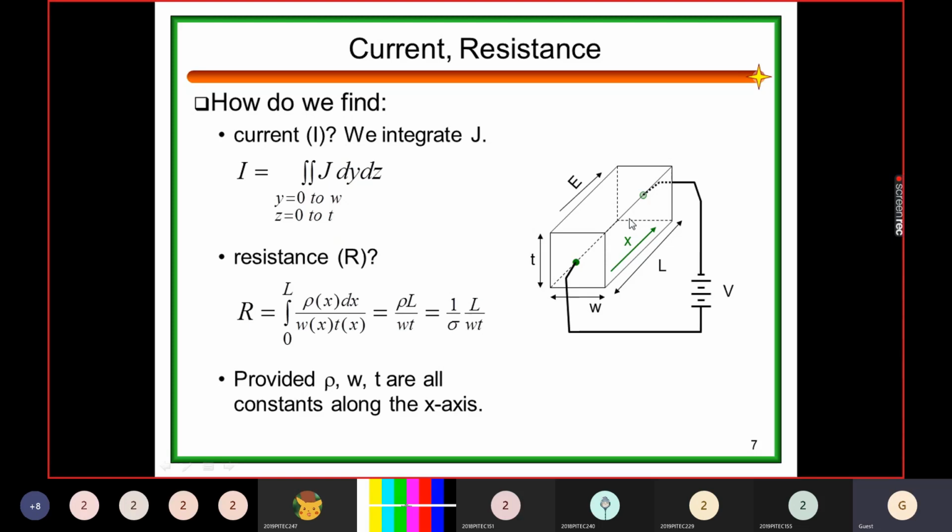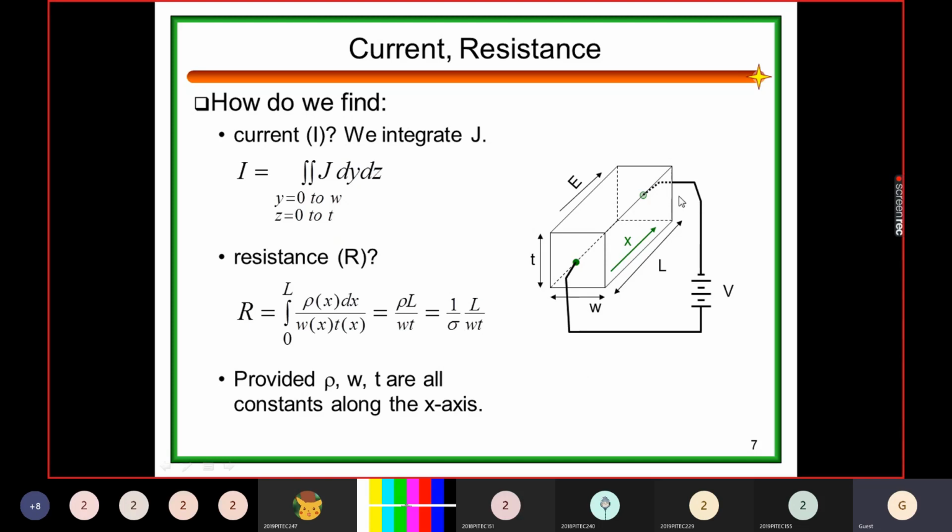Sigma represents your conductivity, W represents the width of the material, and T represents the time period of transition. Okay, time period of recombination, not transition, time period of recombination. So in your GATE point of view, this resistance will play a major role. They will give the material as silicon and they will give this diagram.